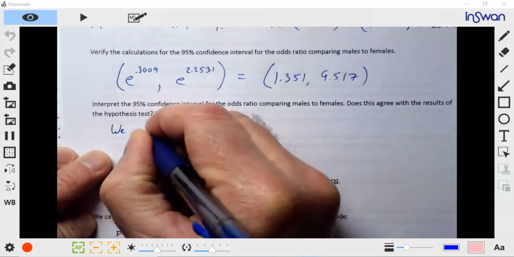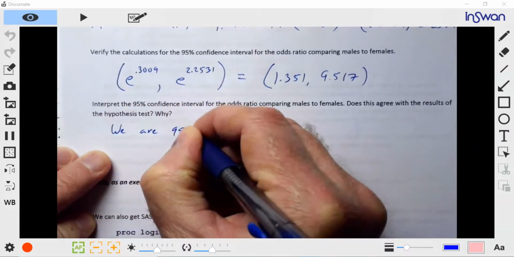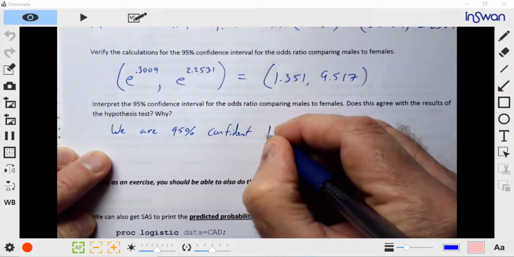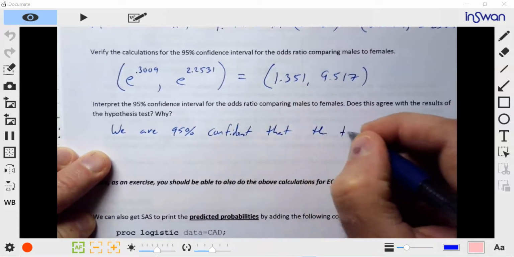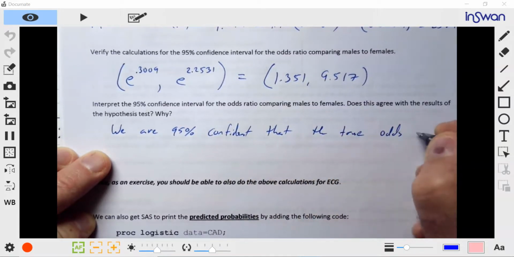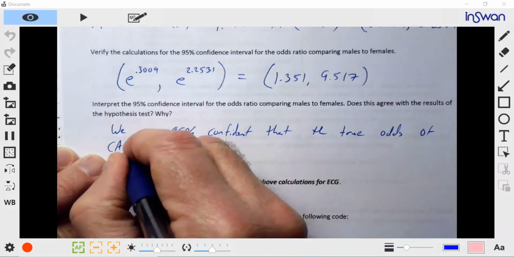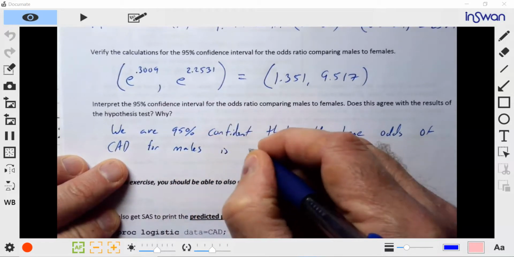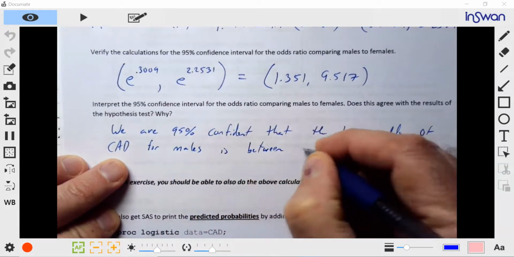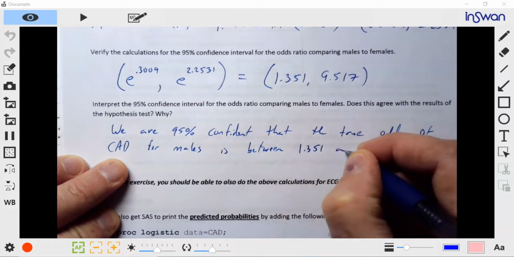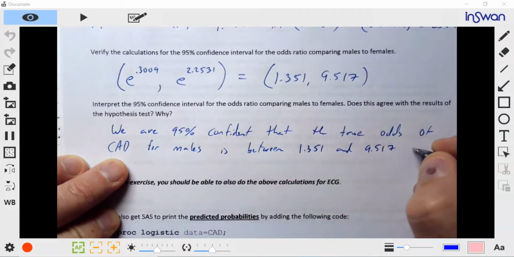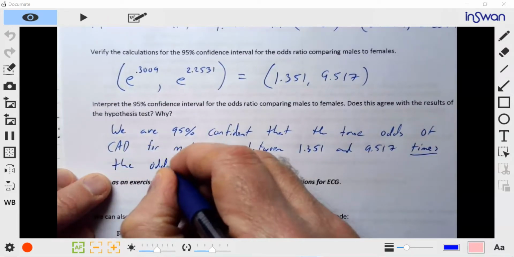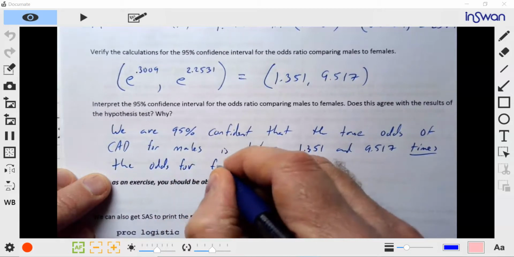I would say we are 95% confident that the true odds of CAD for males is between 1.351 and 9.517 times the odds for females.